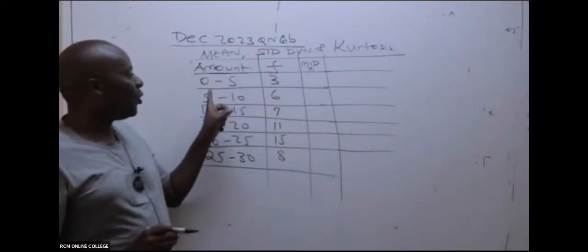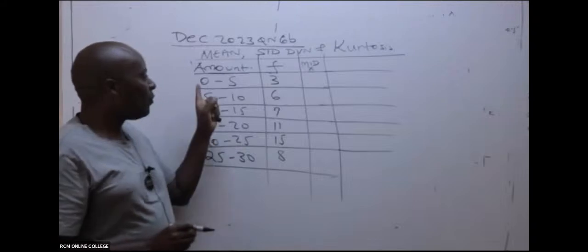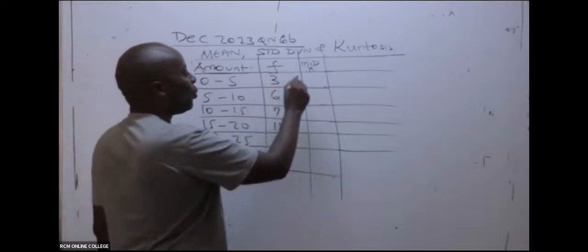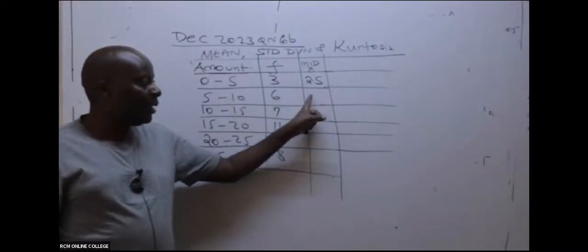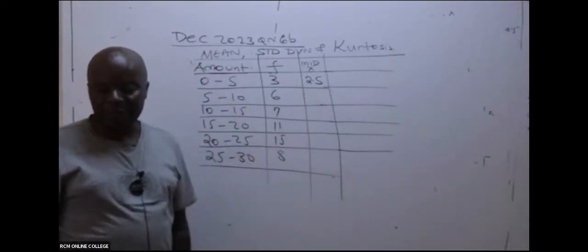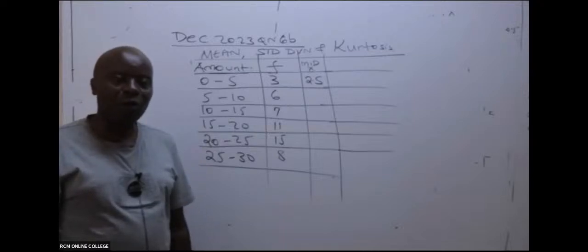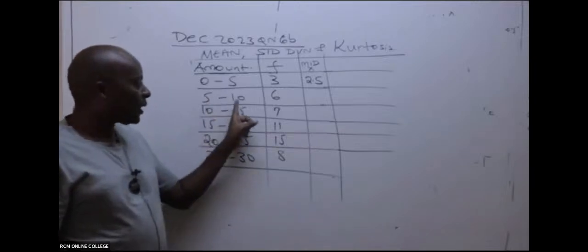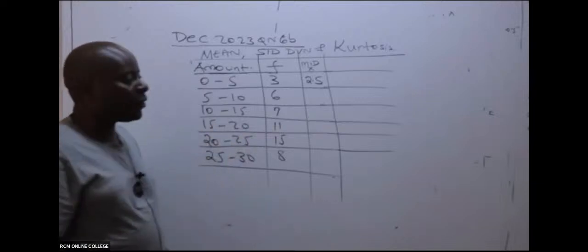So how do we get x values? Lower limit plus the upper limit, you divide by 2. Now we have 0 plus 5, that is 5, divided by 2, we have 2.5. Can somebody give me the midpoint for the second class? I know the answer, but I would want to involve you. 5 plus 10 is 15, divided by 2, I get 7.5.